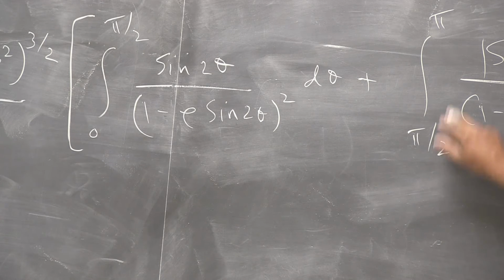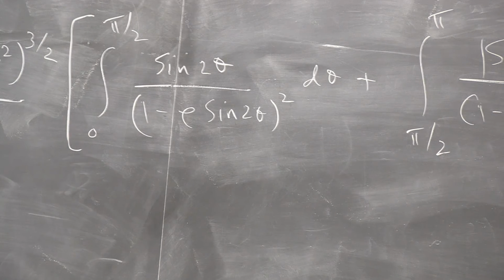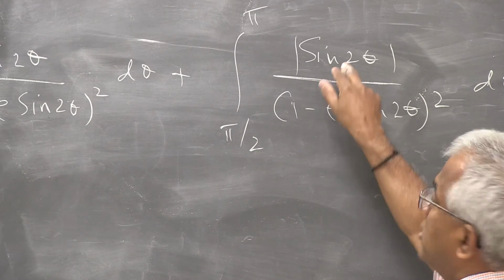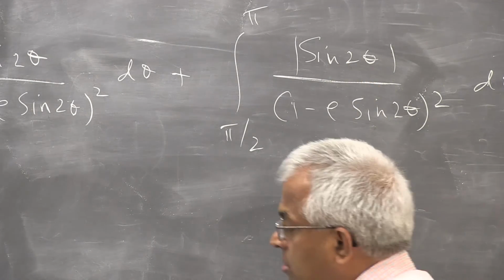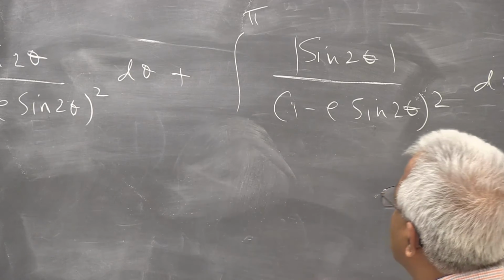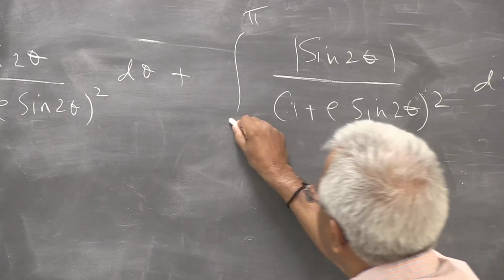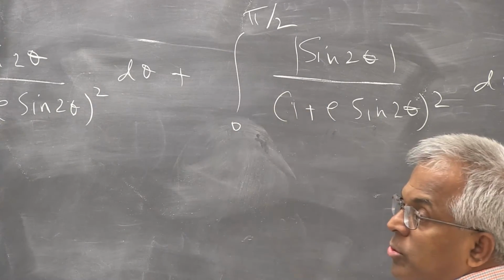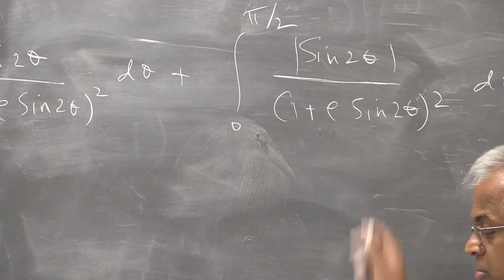All right, so in this region, this is going to be negative, and this will remain positive. So if you want, we can change this, this will become plus here, and this will be the same as this. So the limits are back to 0 to pi by 2, but this became plus.